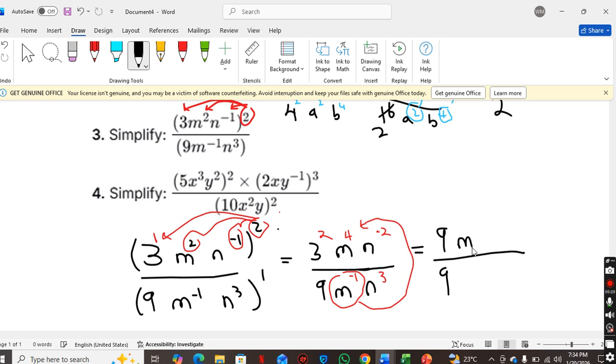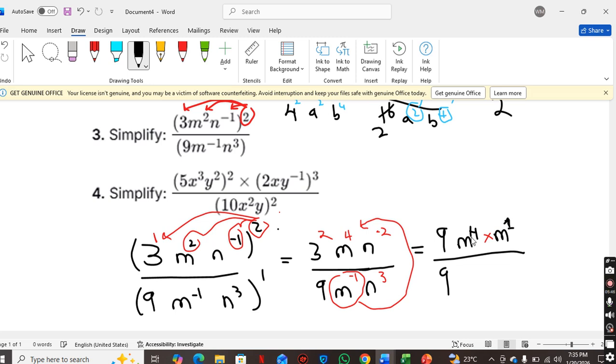M to the power 4 multiplied by m to the power positive 1. That's one thing you can do if you're dealing with such portions like this.